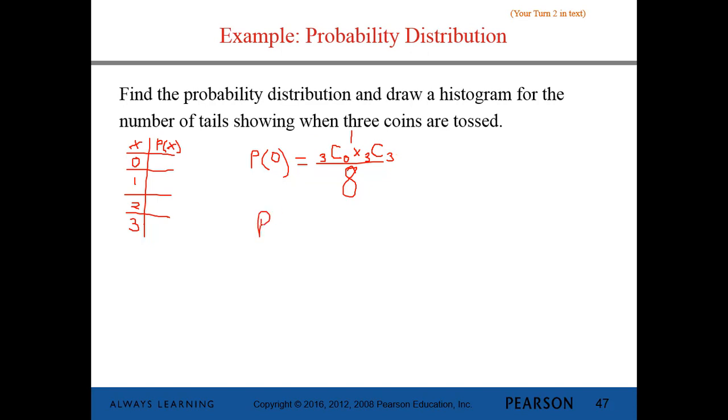Or if I want the probability of getting 1, then again, this is an easy one because I can just write out the sample space. I know there's 8 possible outcomes, right? But this is also a binomial experiment, so how many different ways can I get 1? Well, that means of the 3 coins, how many different ways can I get 1?